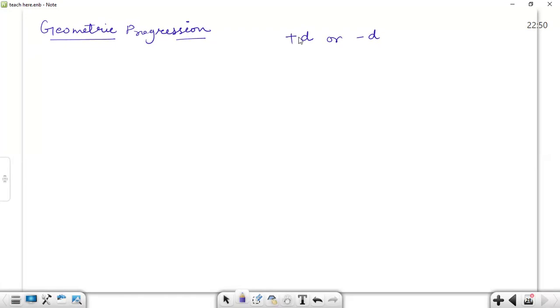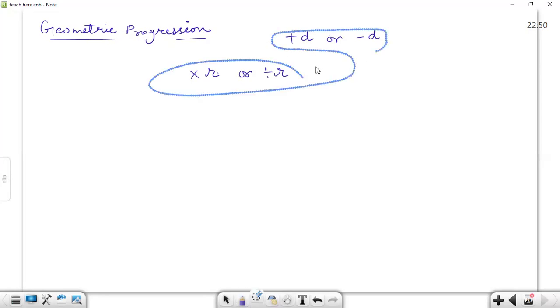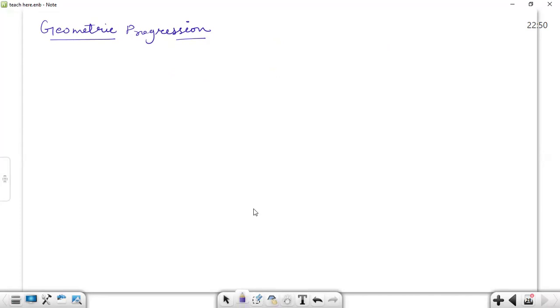This time we'll not deal with addition or subtraction. We'll deal with multiplication of some ratio, or the division of some ratio between two terms. So as you may guess, this time we are not going to have any common difference, but we are going to deal with ratios.